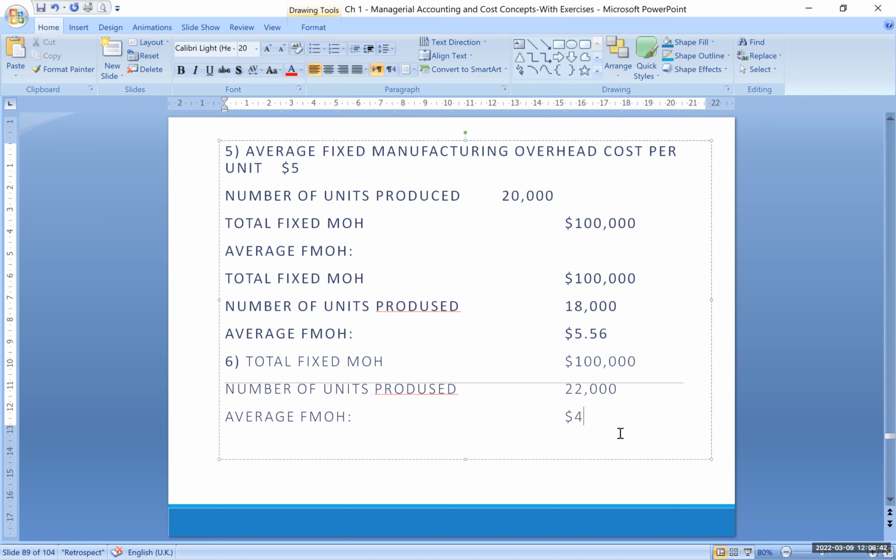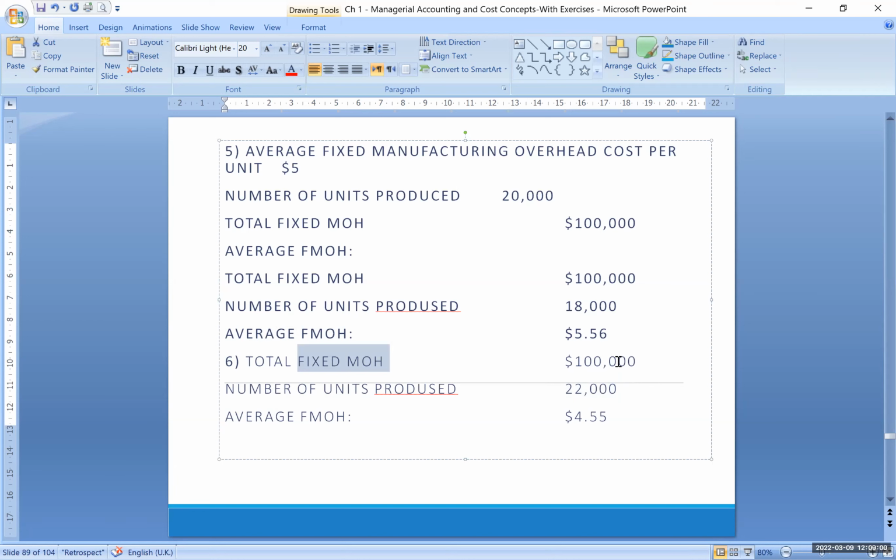Rounded to be 4.55, which means if we produce more, the total fixed manufacturing overhead will be distributed over more units. But we are not paying the fixed manufacturing overhead depending on the per unit.